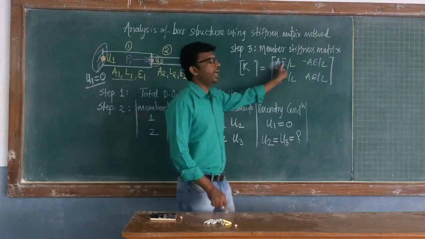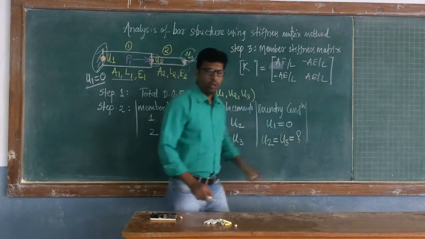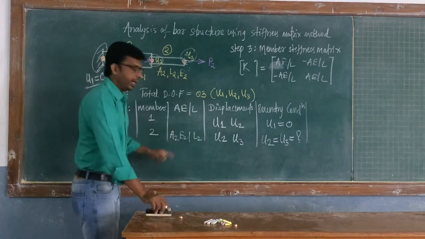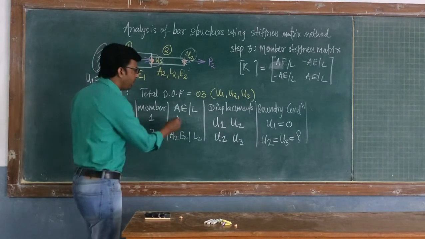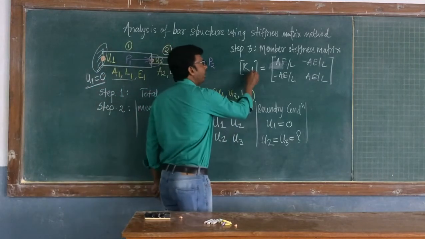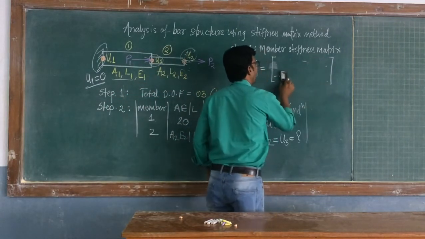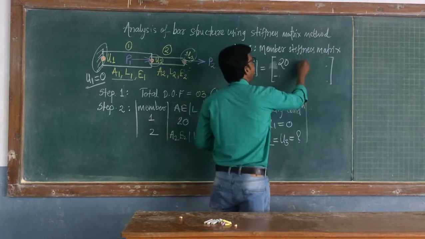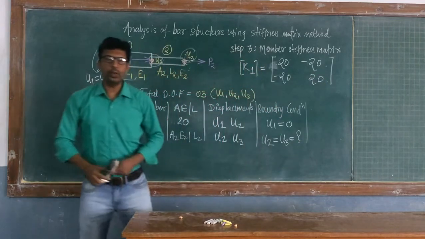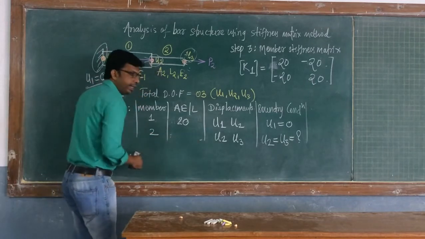So put the A by L of member 1 here, plus A by L, minus A by L, minus A by L, plus A by L. Whatever value you get here, for example, if this A by L calculation for the first member is 20, then this K1 will be equal to 20, minus 20, minus 20 and plus 20. This will be the stiffness matrix of member 1.